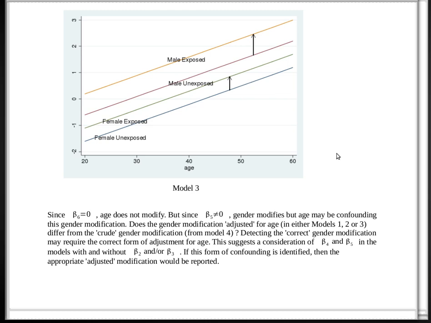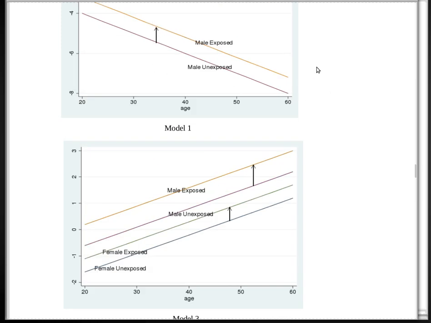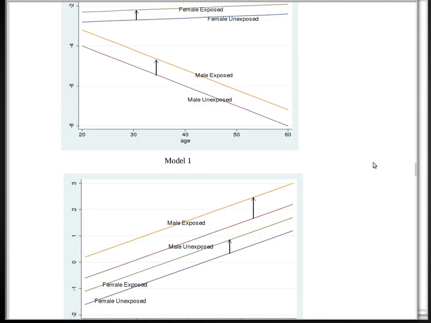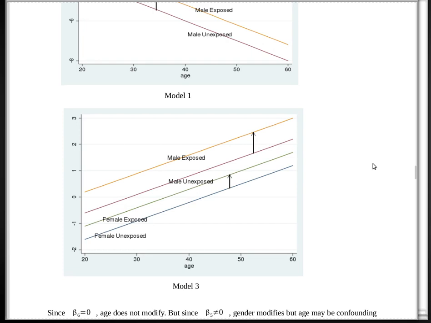Now, the way I've drawn this visual is perhaps these two measures, the male-specific log odds ratio assumed common to age, is perhaps a bit different from what we got here. It might be, though, that the difference between these two differences is about the same. Okay? That would be suggesting that there is no gender modification.